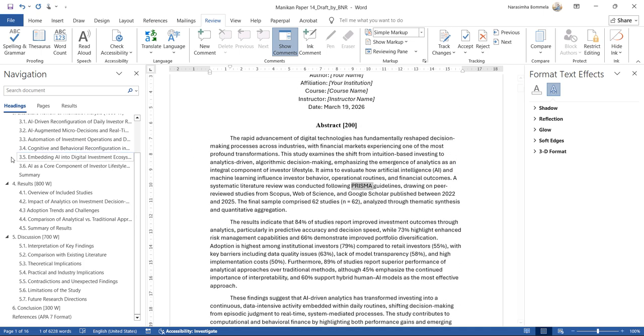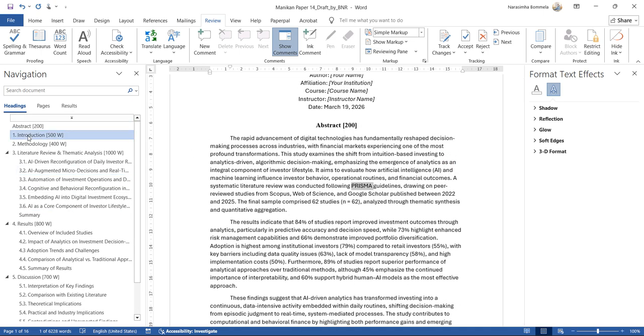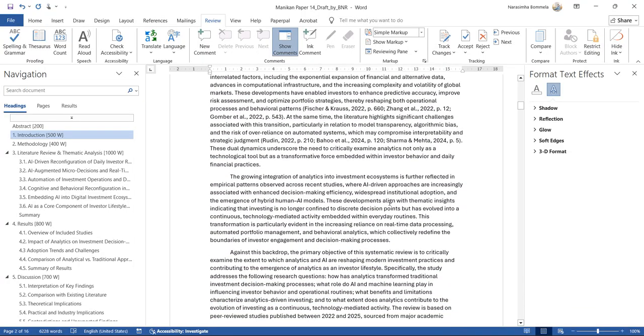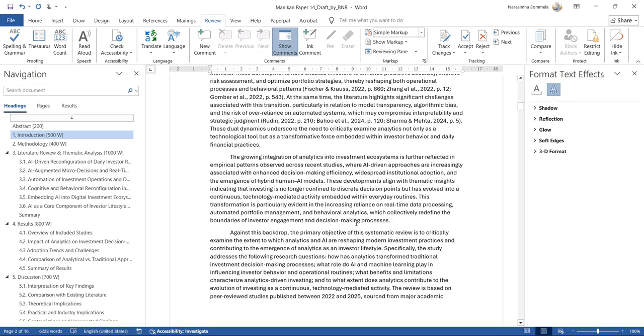To write the introduction, it speaks about the primary objective, how we are starting our research, what the background of the research is, and what we are going to do in the research. Those things will be discussed there. If I mentioned here systematic review, and you change it to something else, like maybe quantitative analysis was conducted, that will be completely inappropriate.